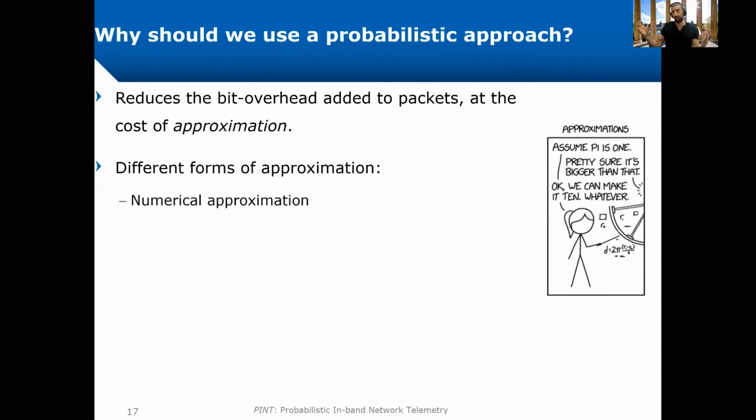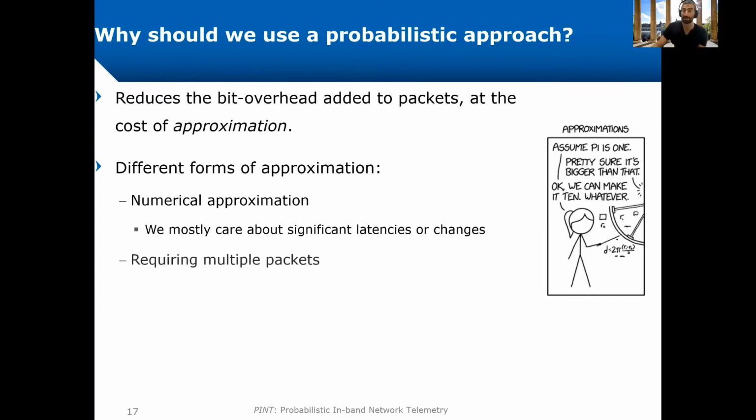One is that we do some numerical approximation of the latency measurements, right? And the idea is that it's often not really important to know the exact latency numbers. What is interesting is to know when the latency is too high or when there was a significant change in latency, and we can capture that.